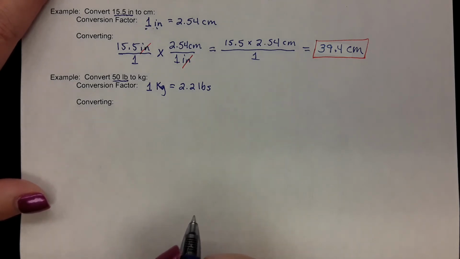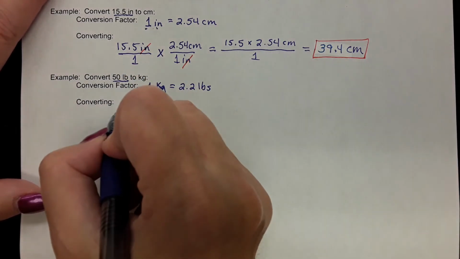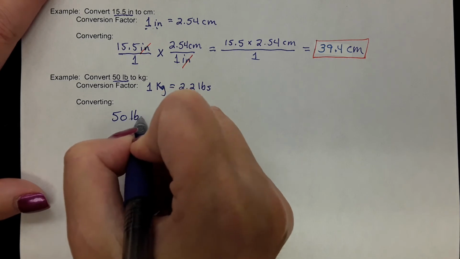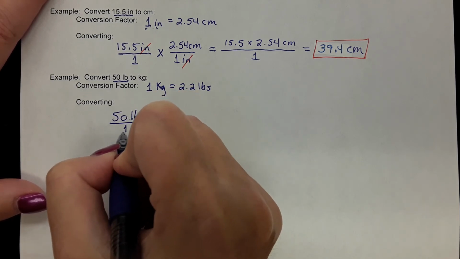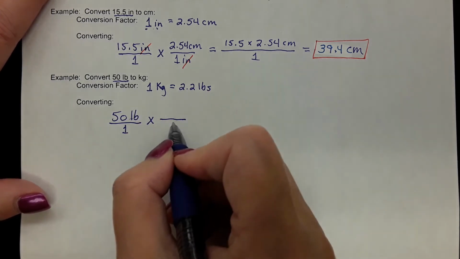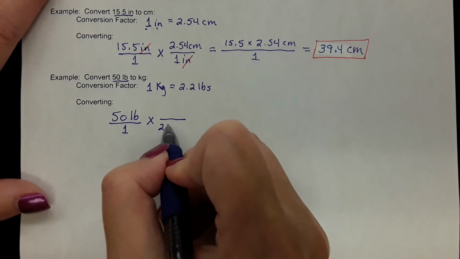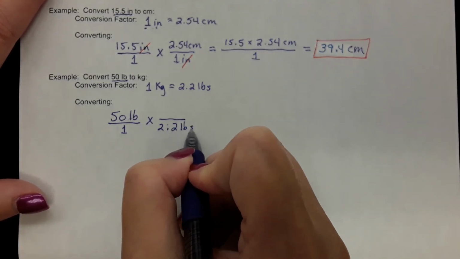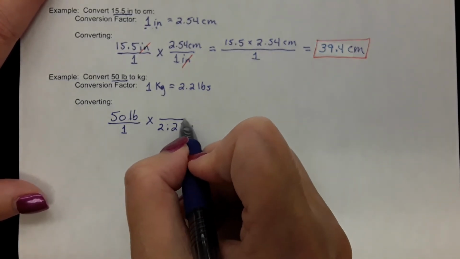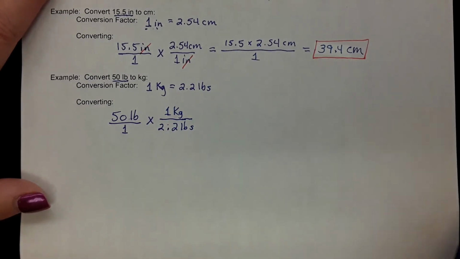Okay? So pounds are smaller than kilograms. Now, we're going to take our original measure, make it a ratio. Now let's make a ratio out of our equivalency. We want to cancel out the pounds. Well, here's the pounds, so that has to go on the bottom. That's the only way to cancel that unit. And that leaves the 1 kilogram side on the top.